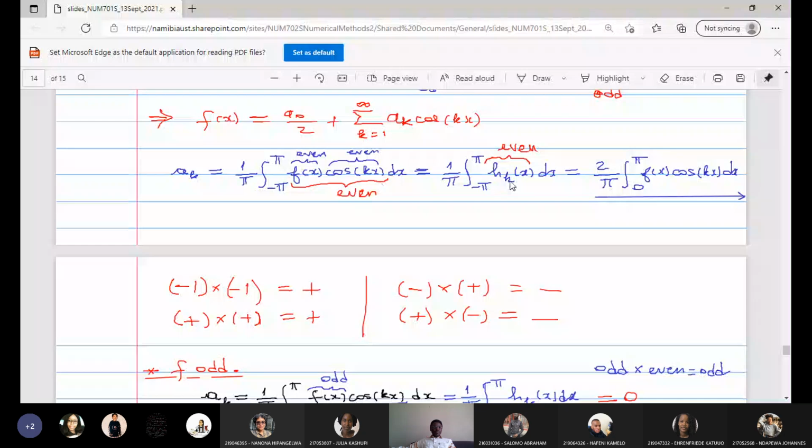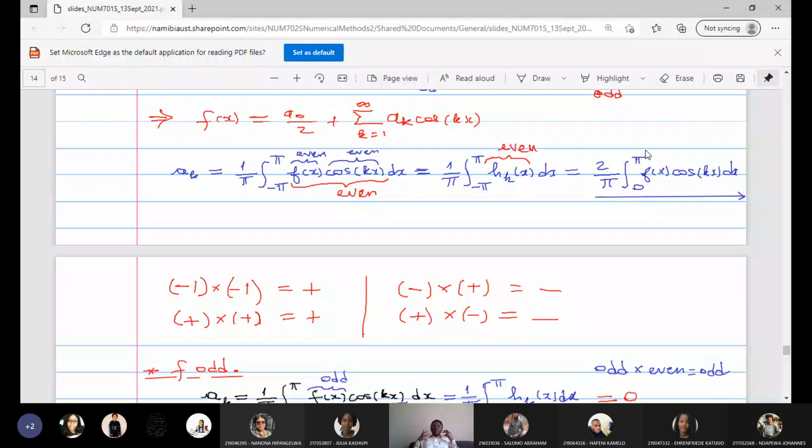Now you see we start with the formula that we know, and this is transformed into 2 by pi, the integral from 0 to pi. So this formula is only valid when your function is odd or even. If you have a problem with this 2 by pi integral from 0 to pi, then use the integral from negative pi to pi.